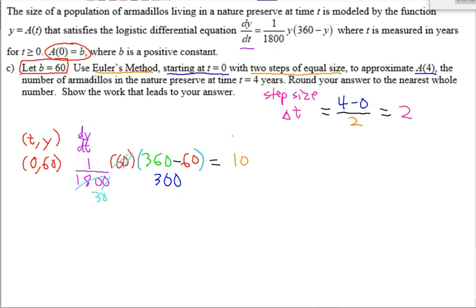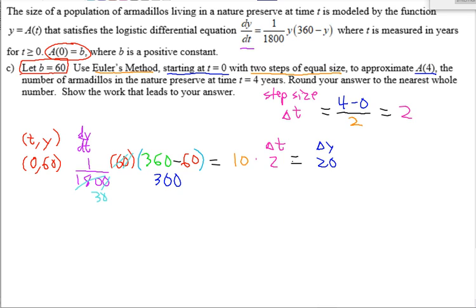So 10 represents the slope, not the change in y, my bad. Remember you always multiply that by the step size, which we just figured out was 2. That gives you 20, and that represents the change in y, which in this case is 20.